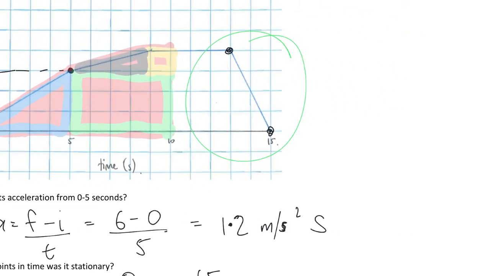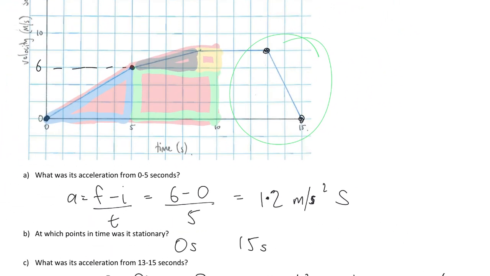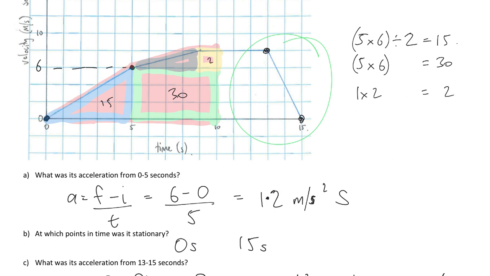5 by 6 divided by 2, which is 15. 5 by 6, which is 30 for that green one. 1 by 2, which is the yellow one, which is 2.